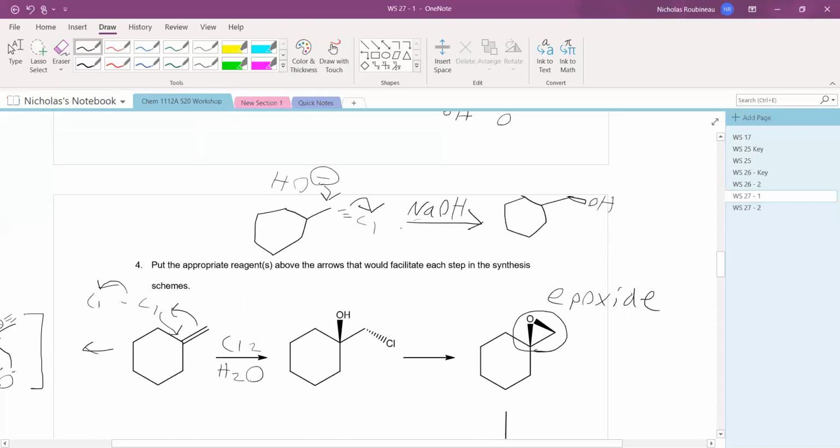So that would be an SN2 mechanism because we had a strong nucleophile kick out the leaving group. But here we have, well, it's an alcohol right now, so it's not a strong nucleophile yet, but we can do something to turn it into a strong nucleophile to give it that negative charge.